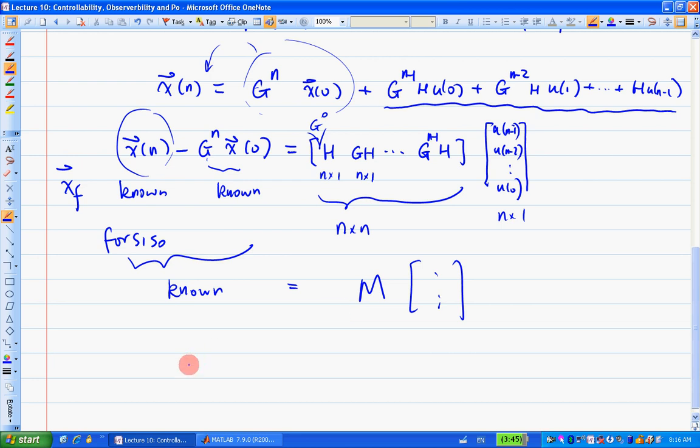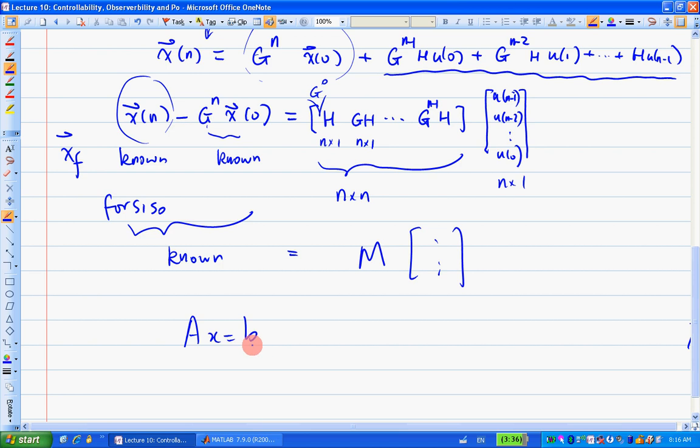Well, if I write it this way, AX equal to B. So B is known. Under what condition does this X exist? A is not singular. Exactly, right?